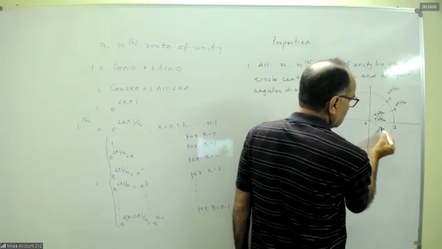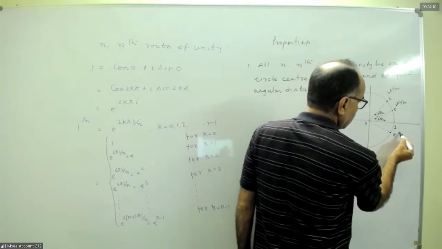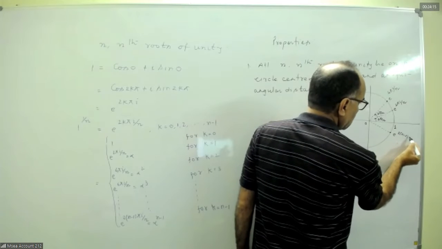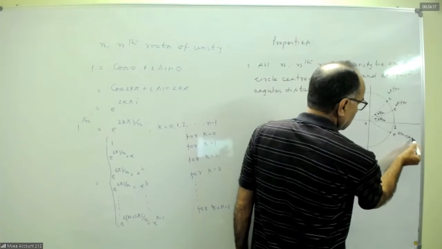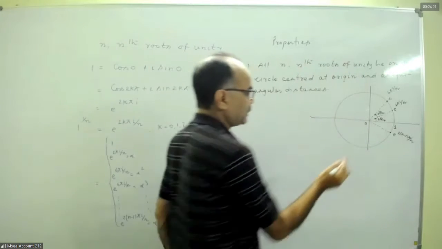Last one is e to the power 2 times n minus 1 pi by n. It's also 2 pi by n.